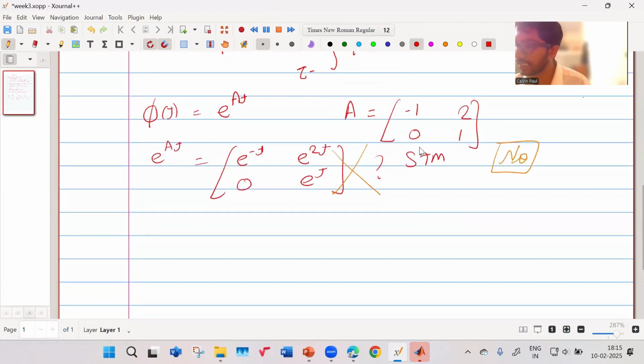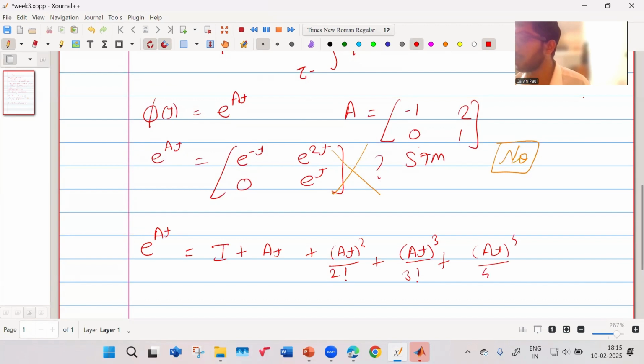One way is e to the power A t equals I plus A t plus A t square upon 2 factorial plus A t cube upon 3 factorial plus A t raised to 4 upon 4 factorial plus and so on.